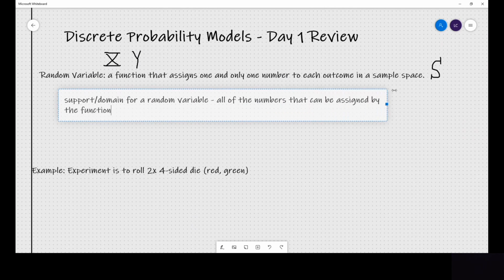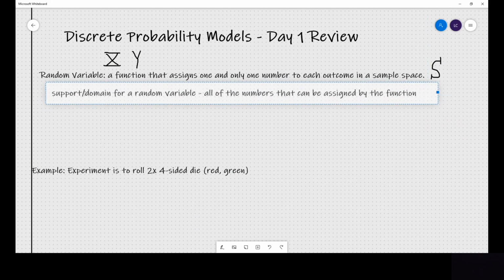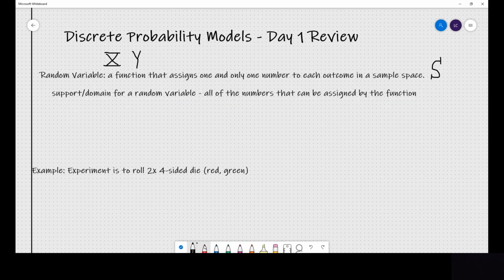In other words, it's the domain for the distribution, the support for the random variable. What we're talking about are all the numbers that can be associated with it.